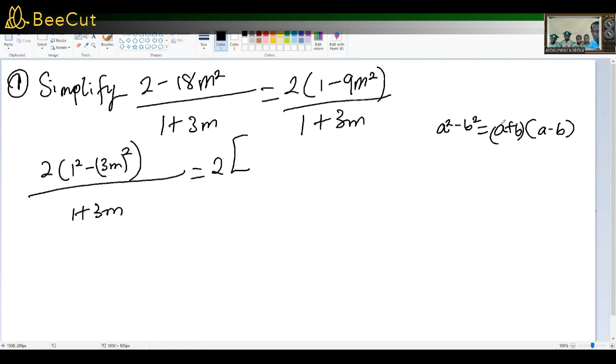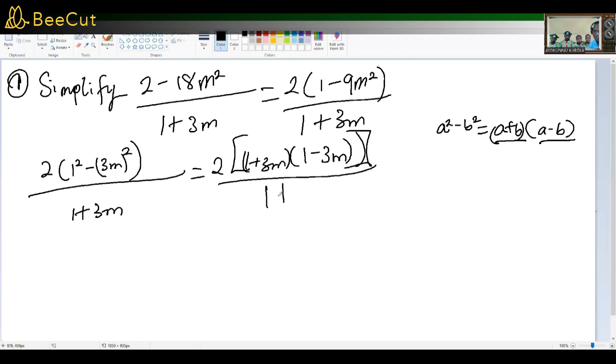Now we're going to relate to this and this, the first plus the second, and the first minus the second. So that means what I have here is 1 plus 3m into 1 minus 3m. Is that clear? Then, the final bracket. So I have 1 plus 3m at the bottom.